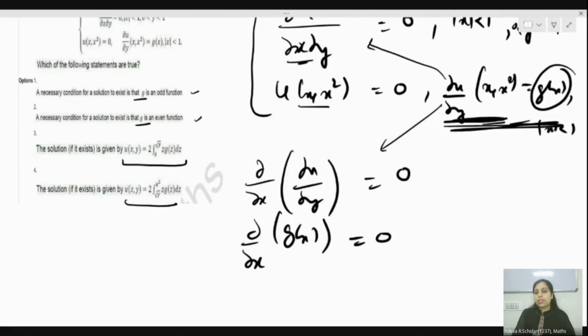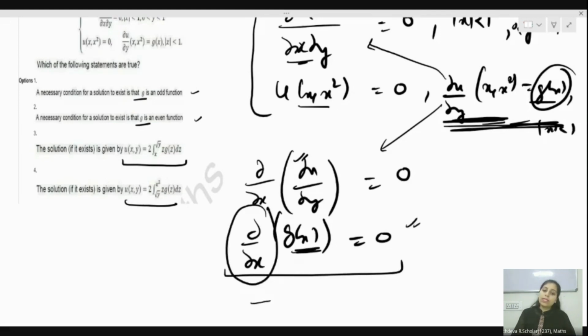We are just replacing this by g of x. So here, a function of x only has its derivative with respect to x equal to 0. This implies the function should be constant. A function of x whose derivative with respect to x is 0 means the function is constant. And can you tell me whether a constant function is even or odd? Anyone?